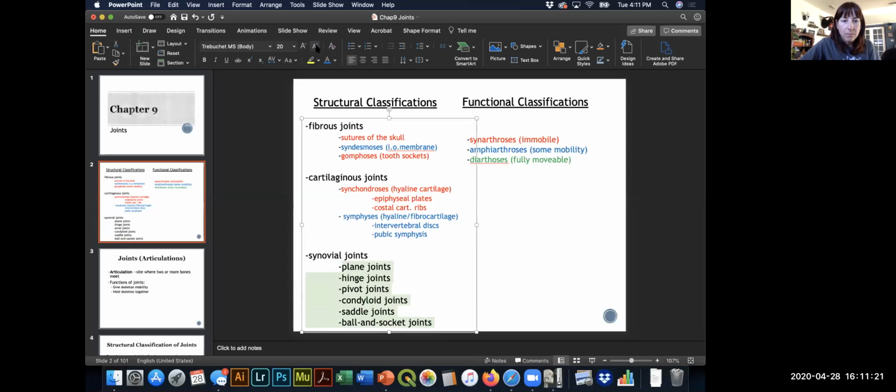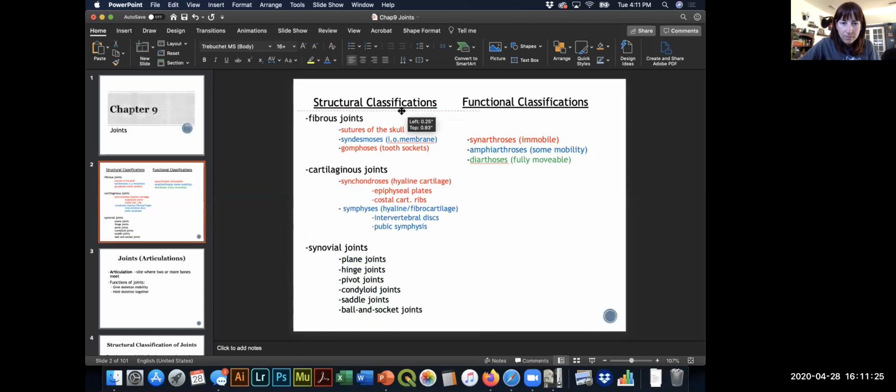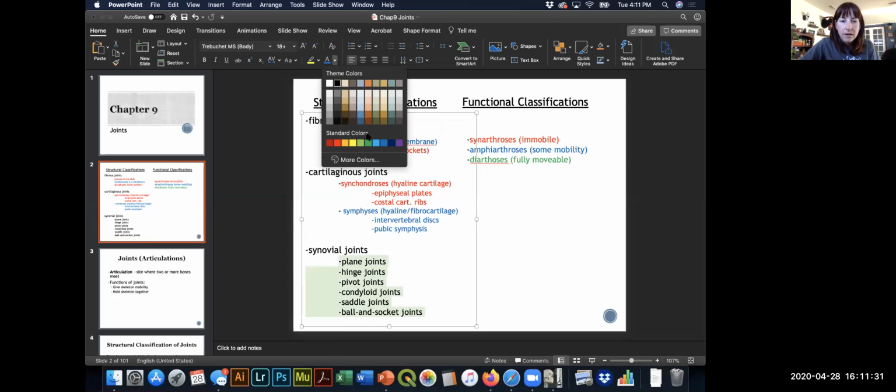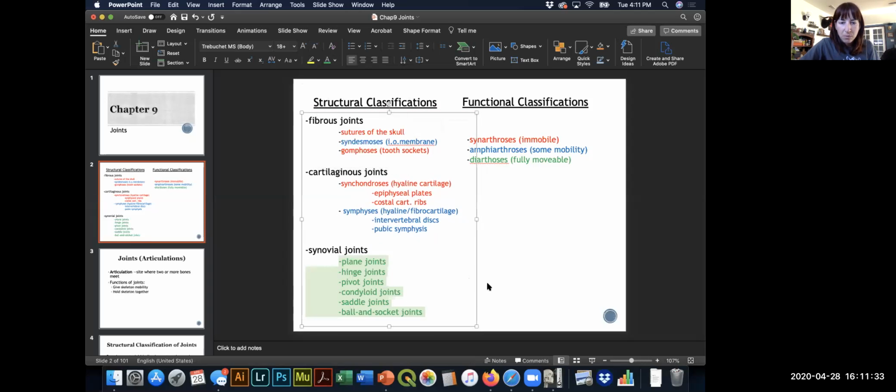I think they're going to need to be smaller. Okay. And all of these are, of course, fully movable, okay? So in terms of the structural versus functional classifications, maybe this would be helpful. Let me save this just because why not?